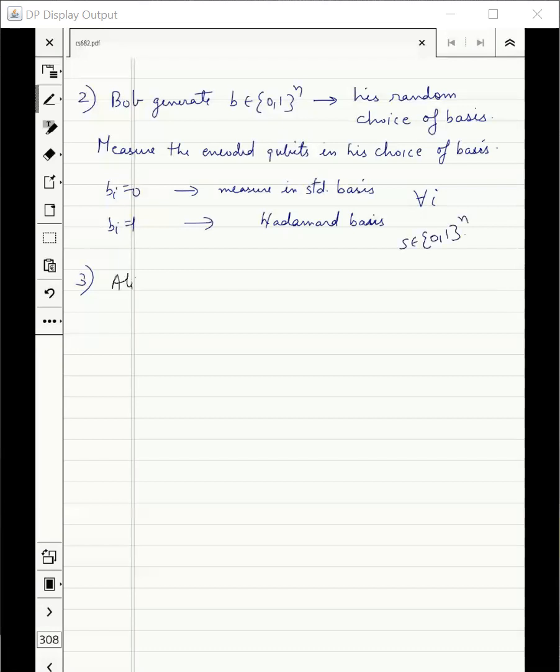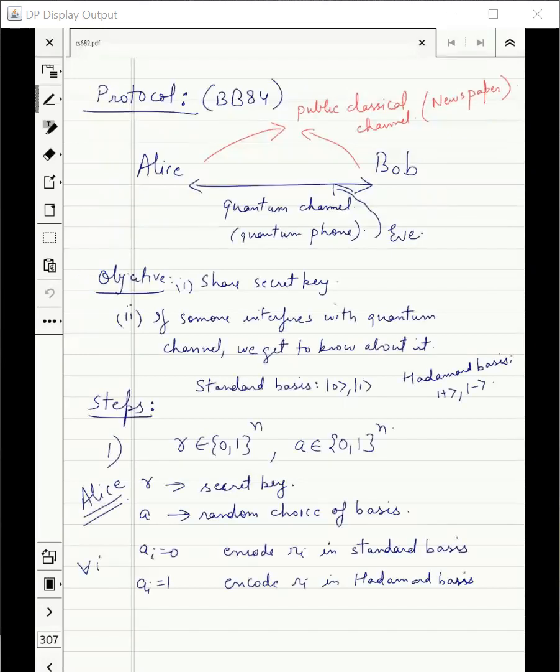Sir, one more question. Can you go back to the last slide? Sure. Yes. So over here, R is an n-bit string, right? Correct. If Ai is 0, encode Ri in the standard basis, you mean we'll consider |0⟩ or |1⟩, right? Right. Or in the Hadamard basis, we will consider |+⟩ or |−⟩, and express 0 and 1 via that if Ai turns out to be 1. Right. Good point. Actually, let's take an example. Let's say R is 0, 1, 0 and A is 1, 1, 0.